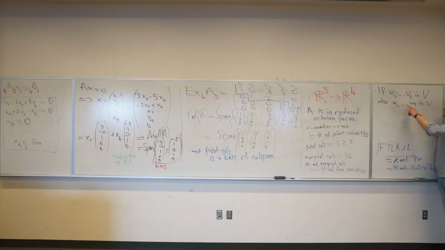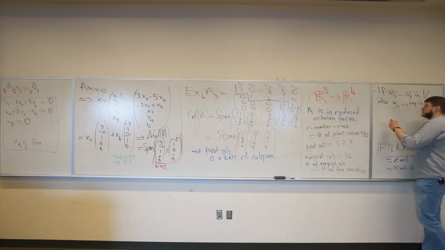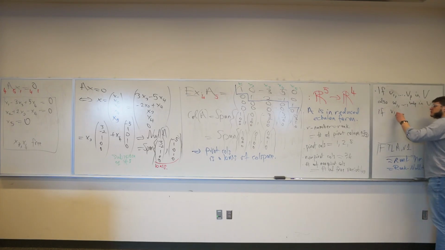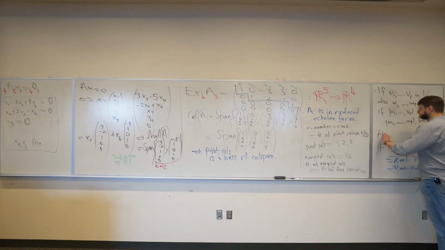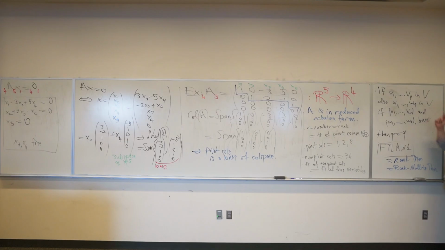If this is a basis and this is a basis, well, p has to equal q. If these are two different bases, then the number of vectors in the first set has to equal the number of vectors in the second set. P equals Q. And this common integer, you call the dimension of V.